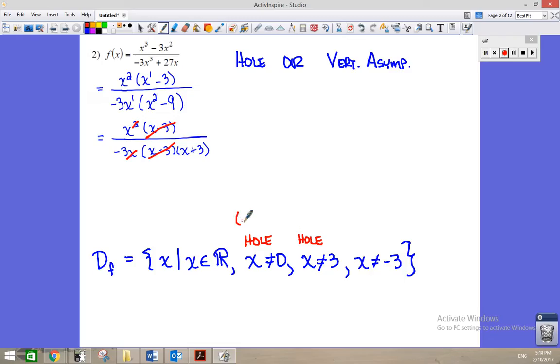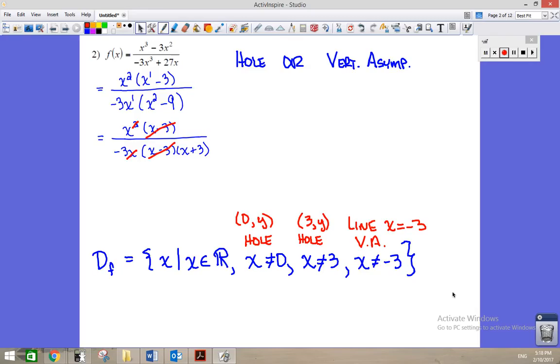So I have this 0 comma y, and I have this 3 comma y that are going to be holes. Now what stayed in the denominator was x plus 3, and negative 3 plus 3 gives us 0. So this guy is going to be a vertical asymptote. We always have to write it as an equation. It's the line x equals negative 3.